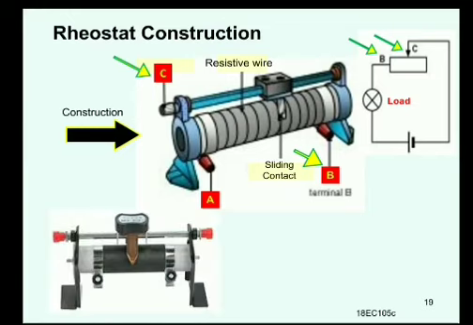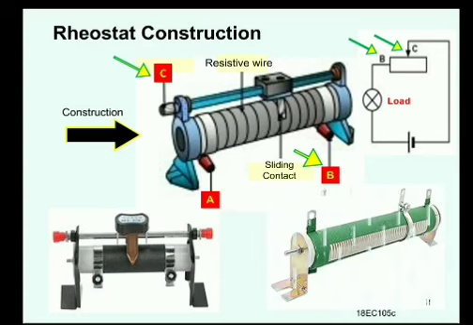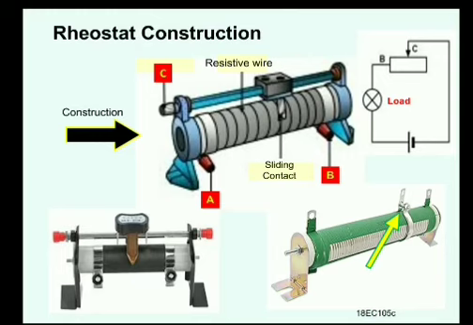So this is a fully complete, practically available rheostat. Then you have another model of rheostat wherein the whole length of the ceramic tube is coated, and there is a small opening which looks white here, over which there is a wiper, and that wiper can be moved.